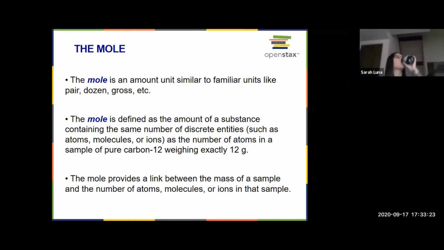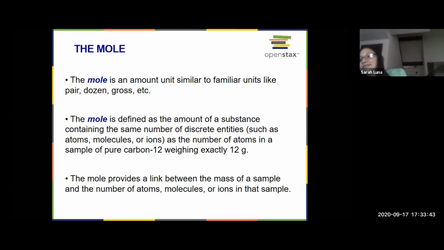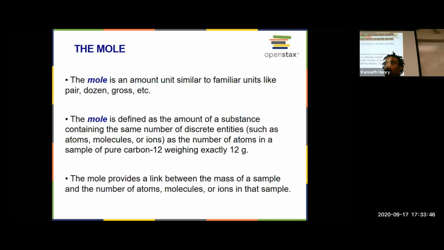Now the thing is that this number is basically going to be equal to a pure carbon-12 isotope. You guys remember the carbon-12 isotope? Well, you should. So 1 mole of carbon is equal to 12 grams of carbon.